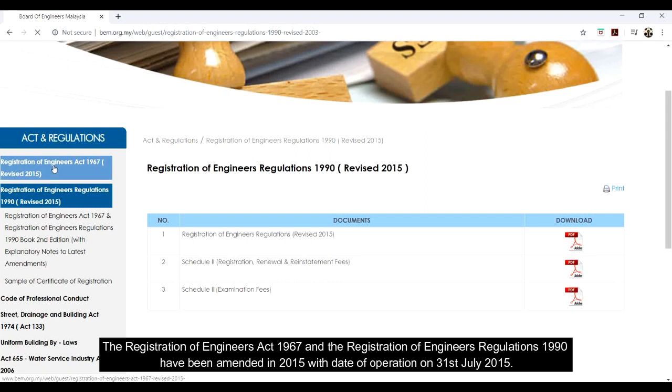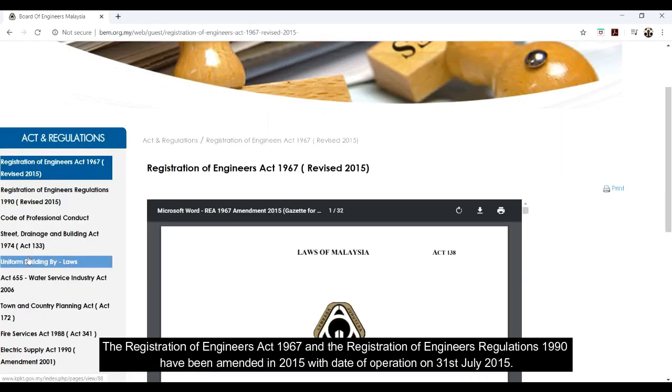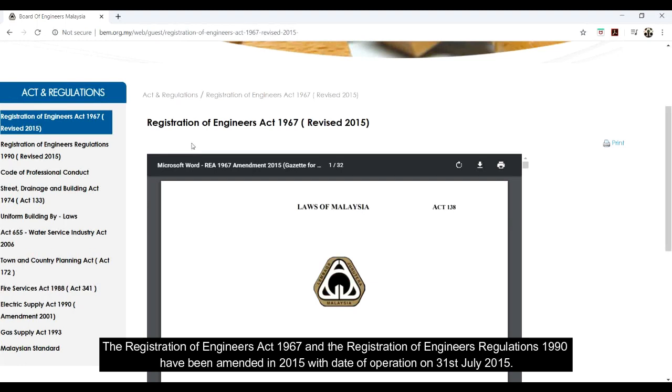The Registration of Engineers Act 1967 and the Registration of Engineers Regulations 1990 were amended in 2015, with the date of operation on 31st July 2015.